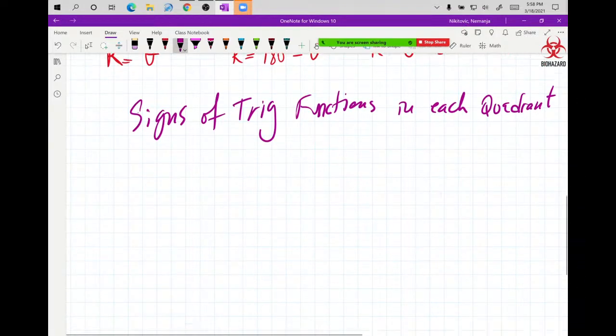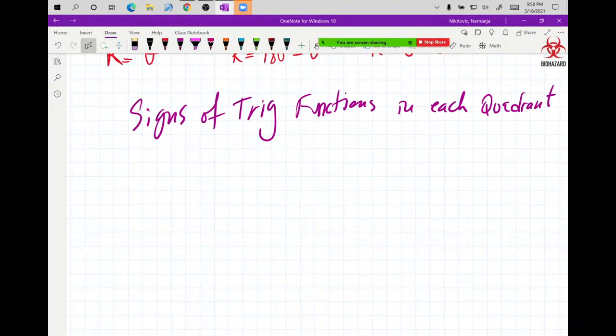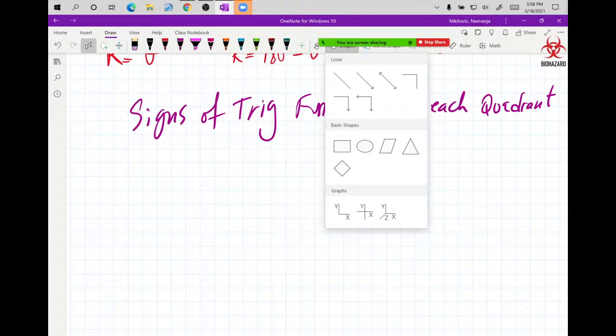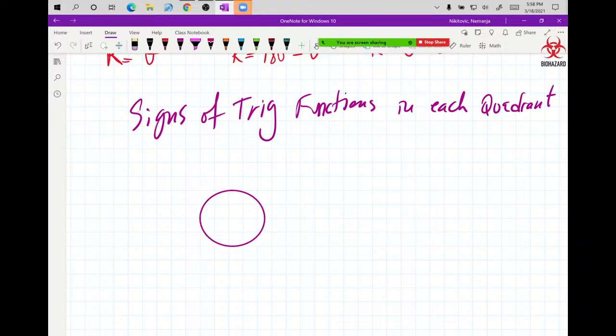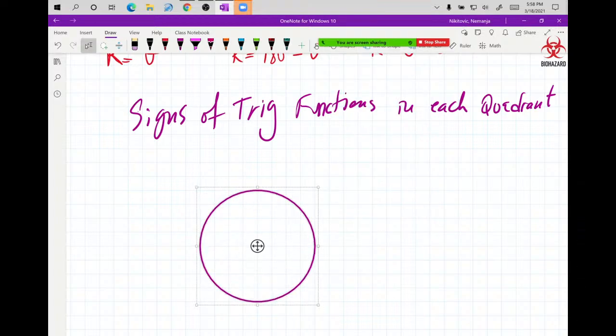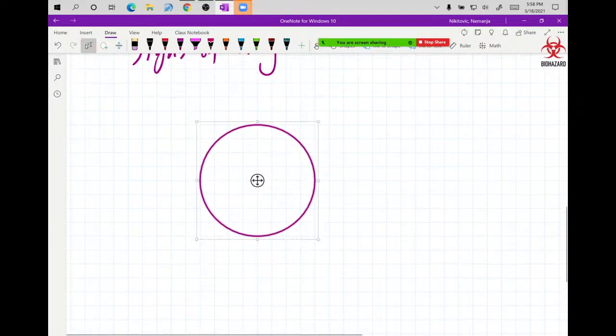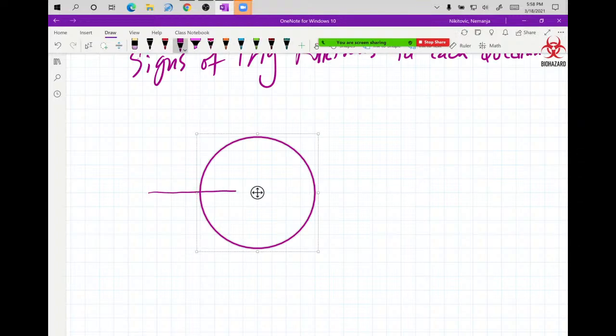So when you have that unit circle we talked about the last time, and when you put in that unit circle, let me just put the x-axis and the y-axis, there we go.